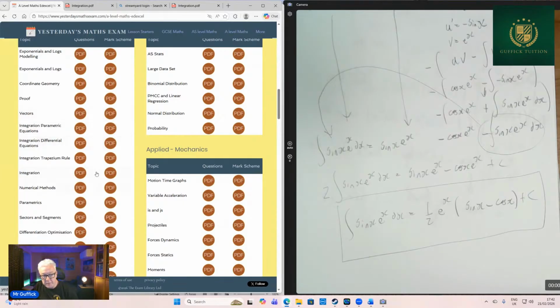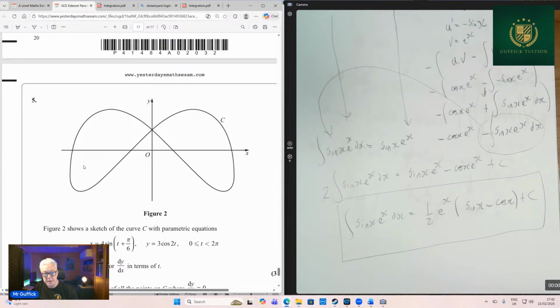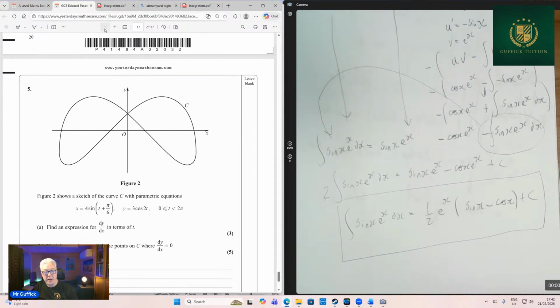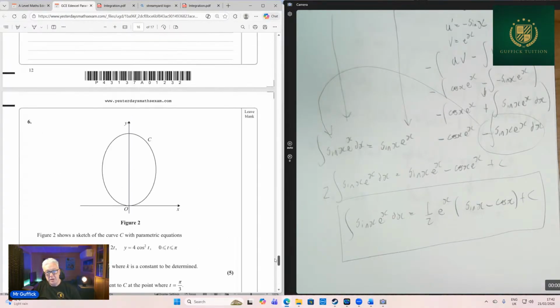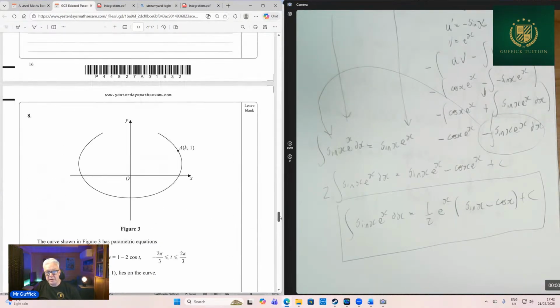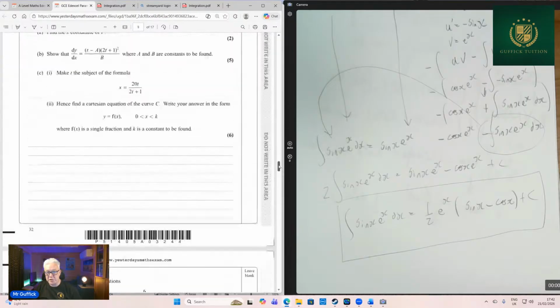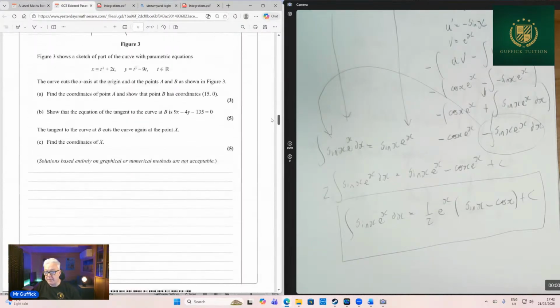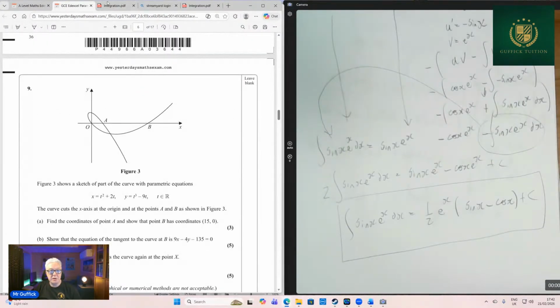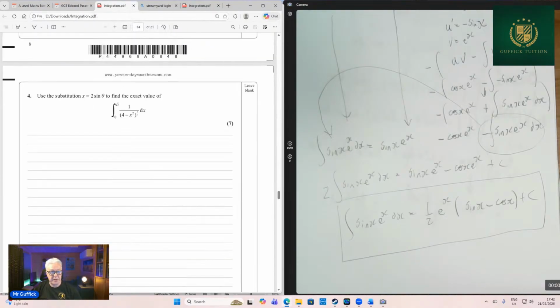At the moment, I'm looking here at the integration one, but you could pick anything. So let's say you pick parametrics. Look at that one. I've been through that question on my channel, actually, so if you want to look on my channel, you'll see that one. But what's really nice about this is the person who created this has put all of, for example, these parametric questions together. And these are all past exam questions. So really nice, useful website. Definitely a big shout out to Yesterday's Maths Exam.